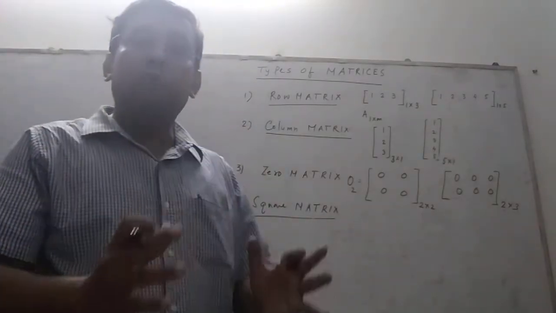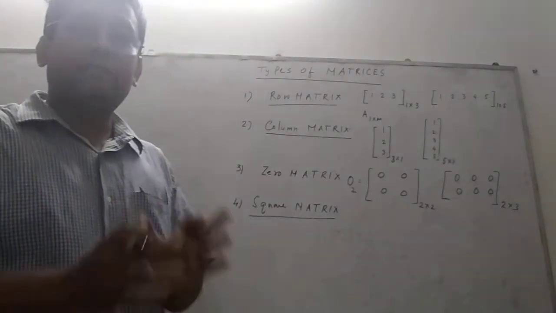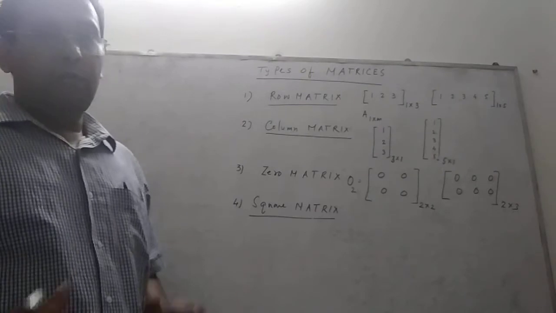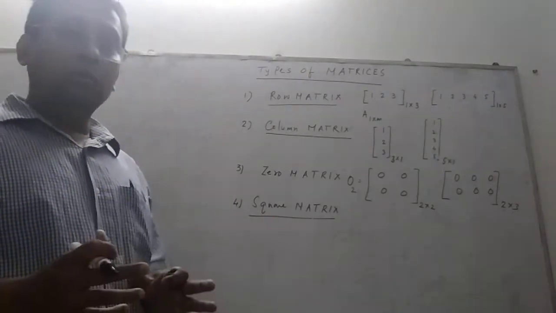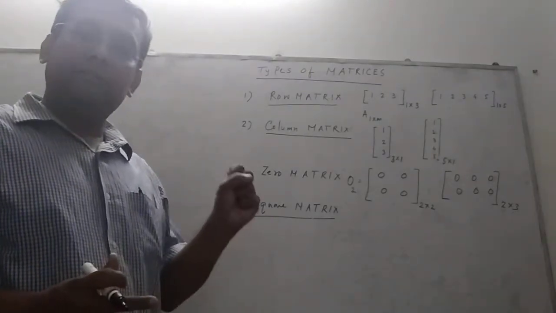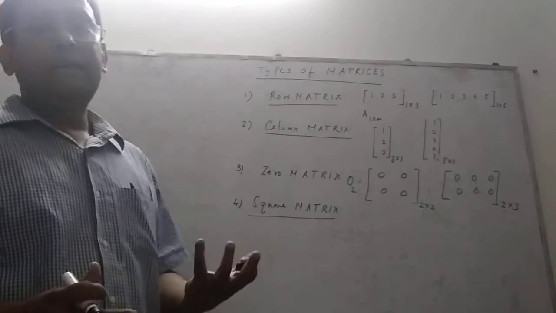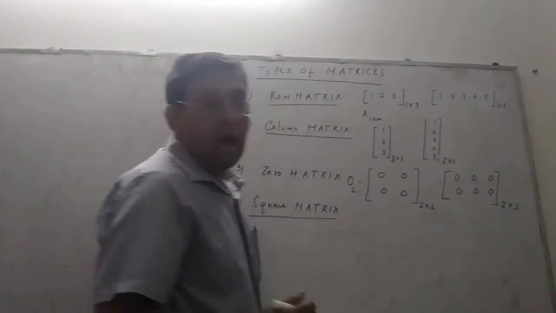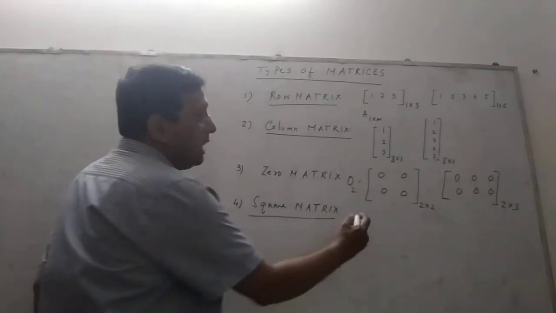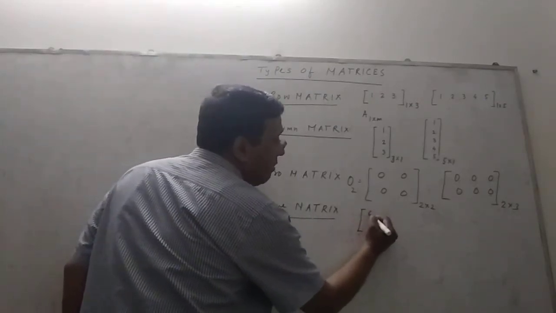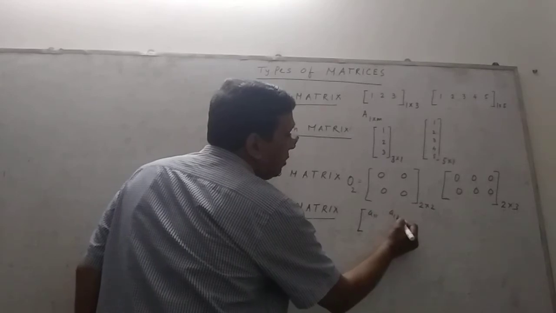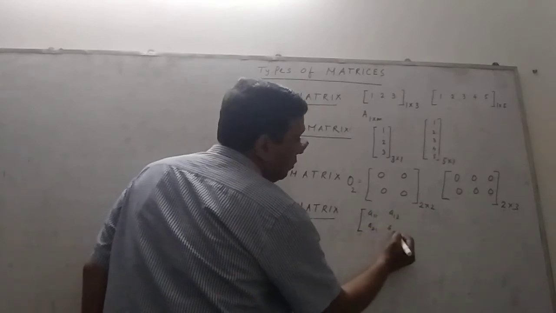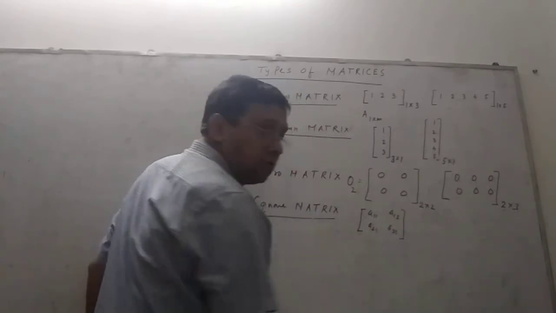When the number of rows and the number of columns of a matrix are same, or equal, we can say that matrix is a square matrix. For example, if I want to write a 2 by 2 square matrix, I should write in this way: say A11, A12, A21, A22. It's an algebraical example of square matrix.